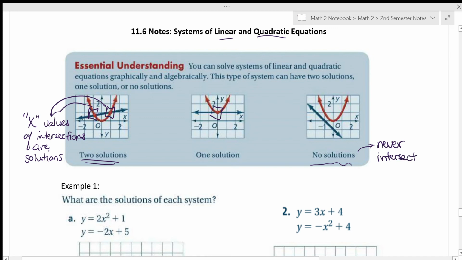Okay, one solution, the x-coordinate of the vertex of the parabola would be our solution.